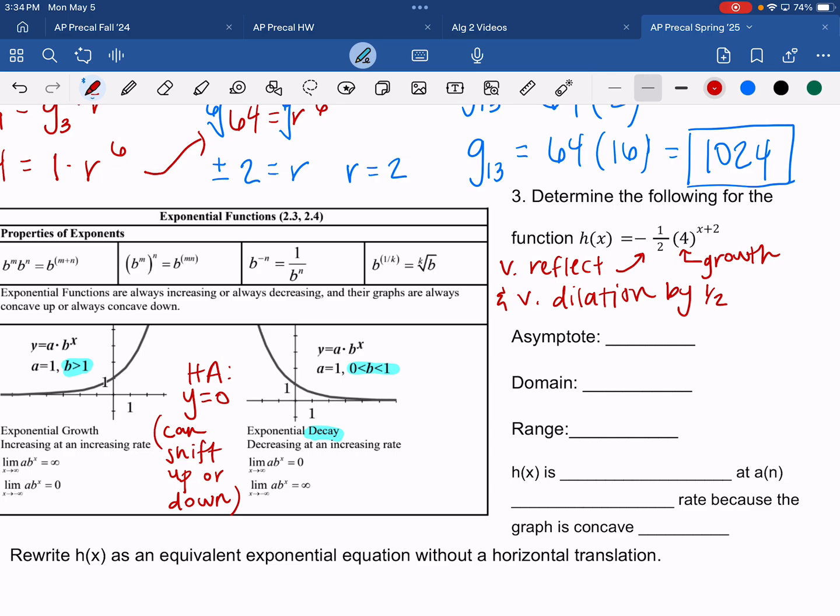I know this is the confusing part. The graph could decrease, but the equation still shows growth from the base. It's like the parent function without the reflection. Right, it comes from a growth parent function, and then we're going to have to reflect it when we sketch it and think about it here in a second.